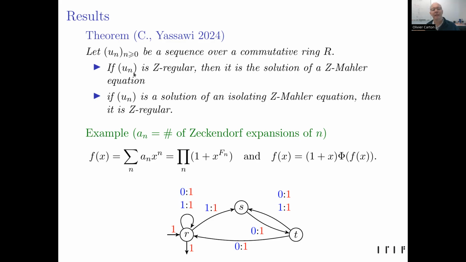It's not an if and only if, and it's not exactly the sequence but the power series. And conversely, if the power series is the solution of an isolating Z-Mahler equation, then it is Z-regular.